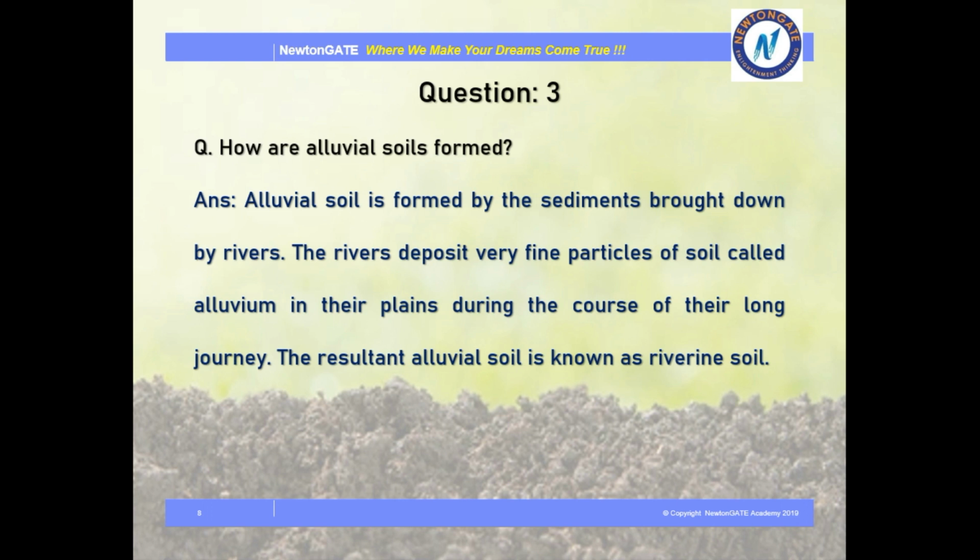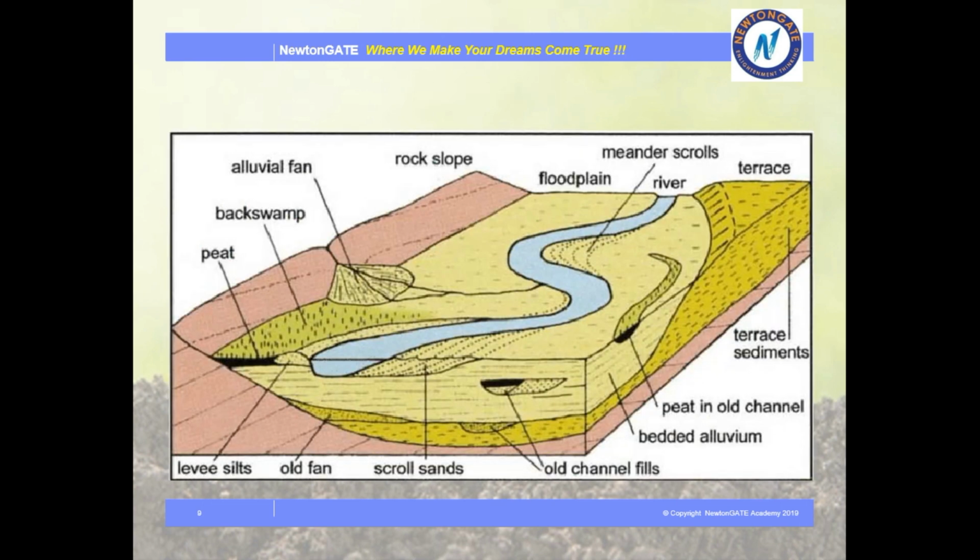And it is very fertile in nature and the fine particles of the soil are being deposited, forming an alluvial fan as well. So we are illustrating with the help of a diagram, that is, you can see the river is constantly flowing in its middle course and it is flowing in a meandering channel.